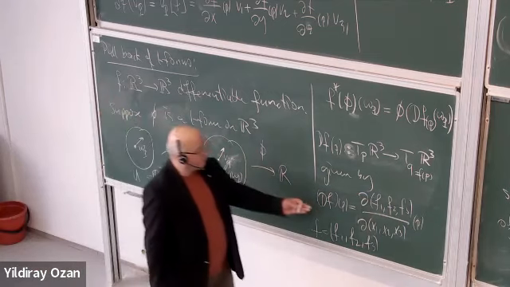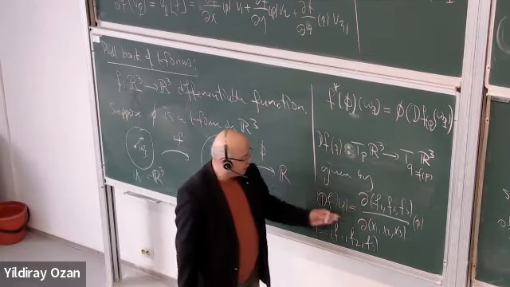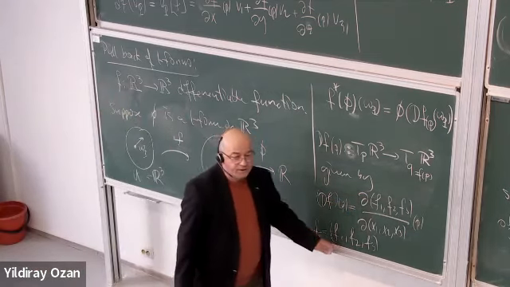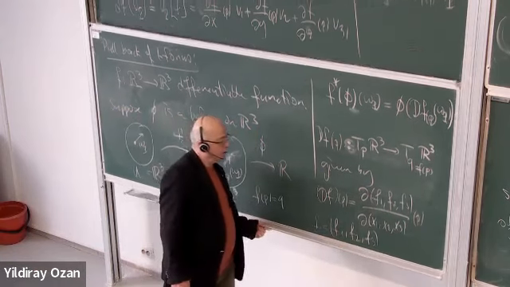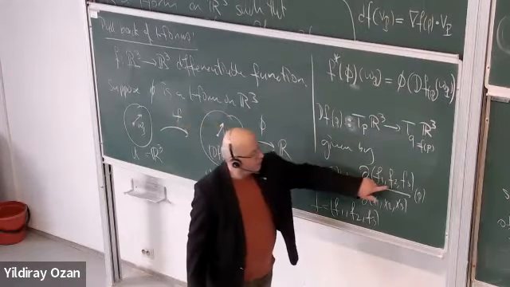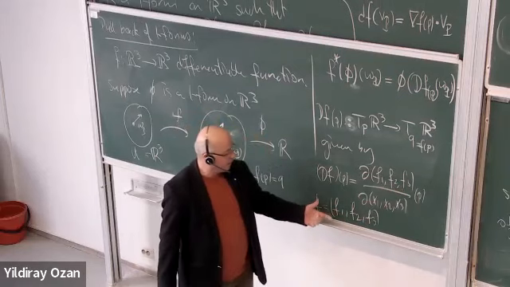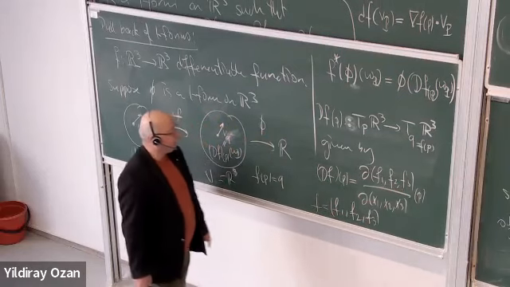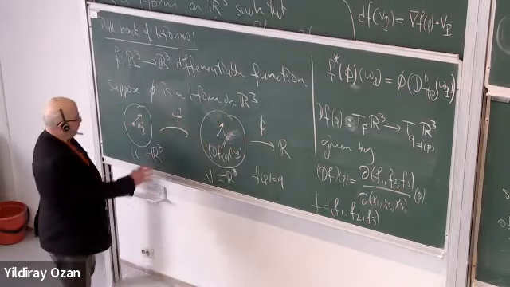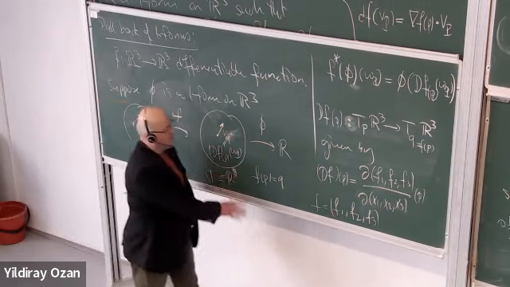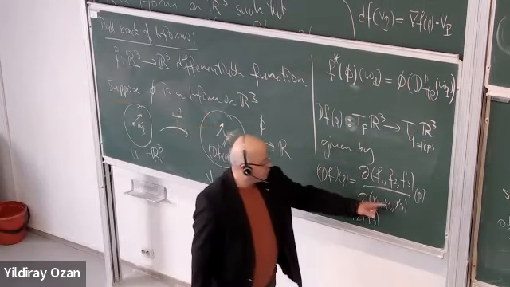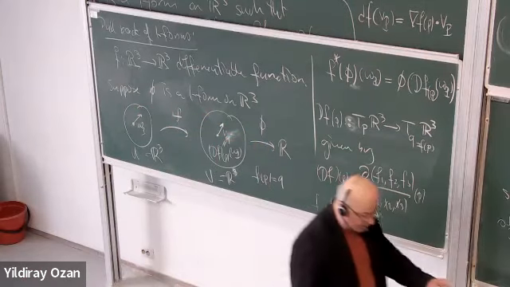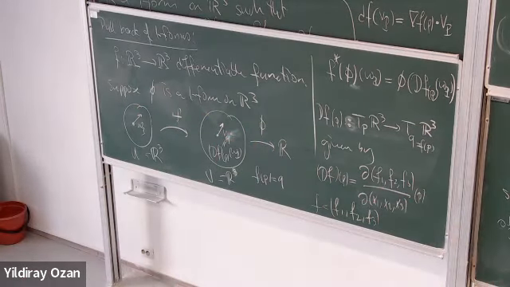And the derivative of f is just the derivative you learned in advanced calculus, okay? If f1, f2, f3 are just the coordinates of f from, let's say, R3 into R3, you just take derivatives with respect to x1, x2, and x3 and form the derivative function.